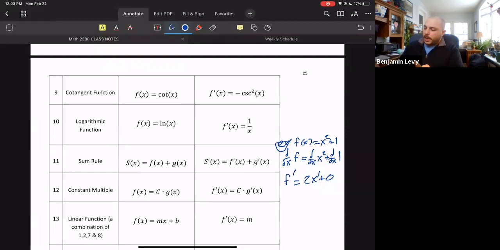So this is just an application of the sum rule, because we had two separate things being added, and what the sum rule says is you can just look at them separately. When we looked at them separately, one was a power rule and one was a constant rule. Could mention one other thing. There are questions about that. I'm going to slide up in just a second.